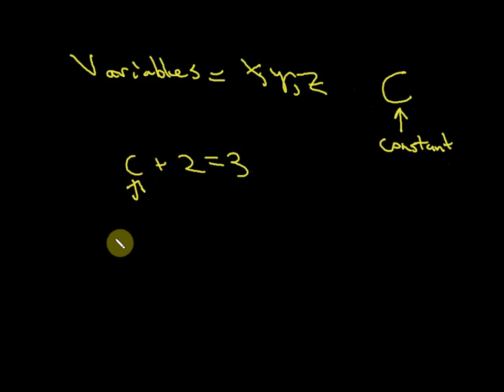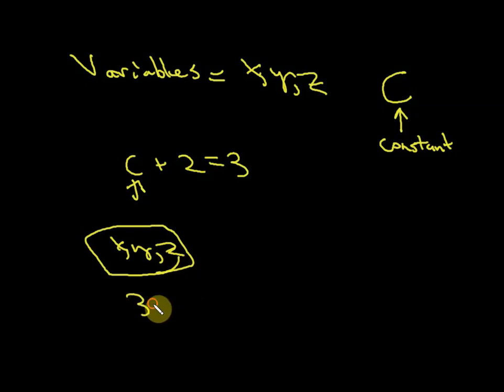So we tend to stick to these x, y, z variables. Because it's an introduction, just keep these in mind. If you have several unknowns, you can have something like 3x plus 4y equals 6z. I'm getting ahead of myself, but that's why we use these variables. They're much easier to keep track of.